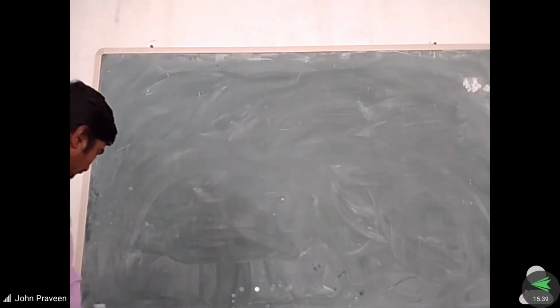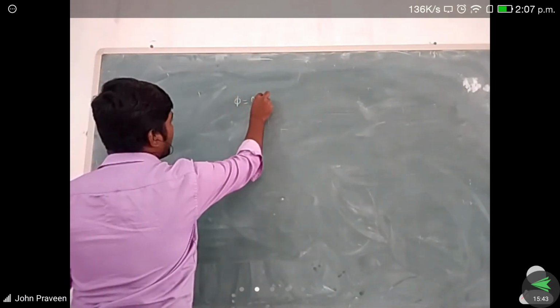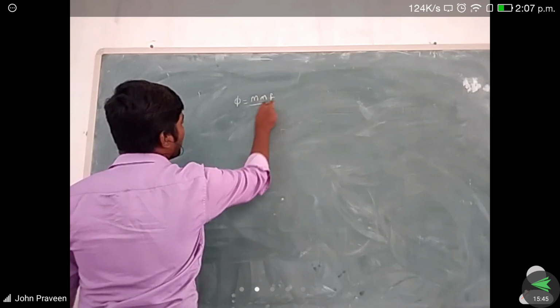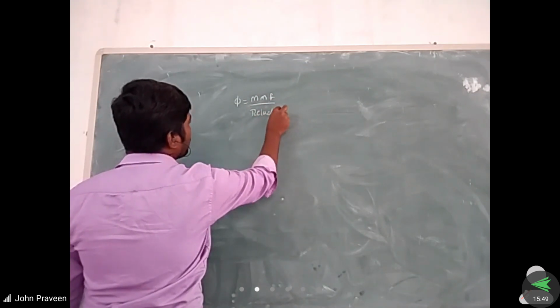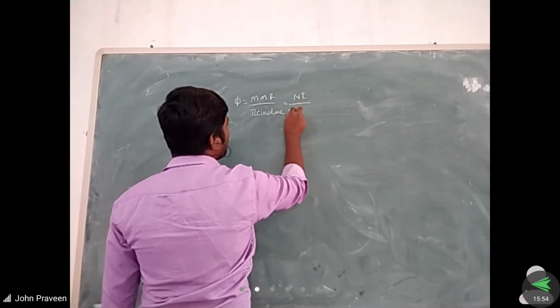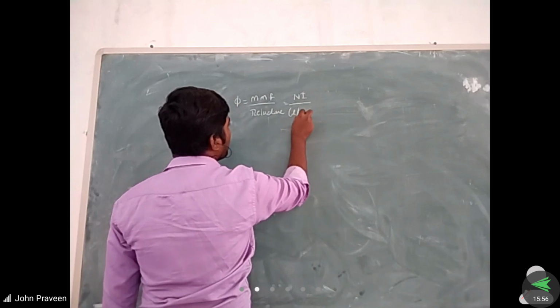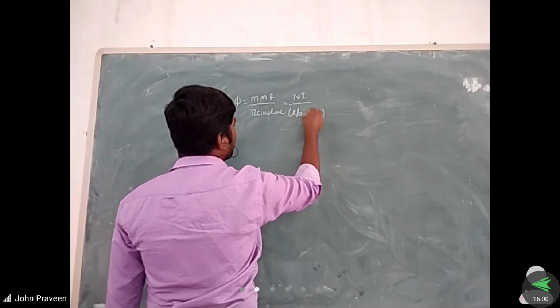Next we want to find out the ampere turn. So phi is equal to MMF by reluctance, where MMF is N into I and reluctance is L by A into mu naught into mu r.